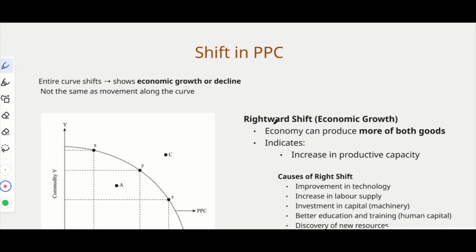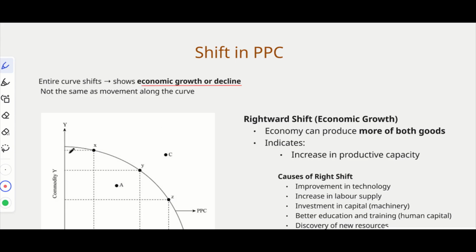Now let's discuss another important point, that is shift in PPC. What does shift in PPC mean? The entire curve shifts, showing economic growth or decline. It can shift either to the right or to the left. This is not the same as movement along the curve.